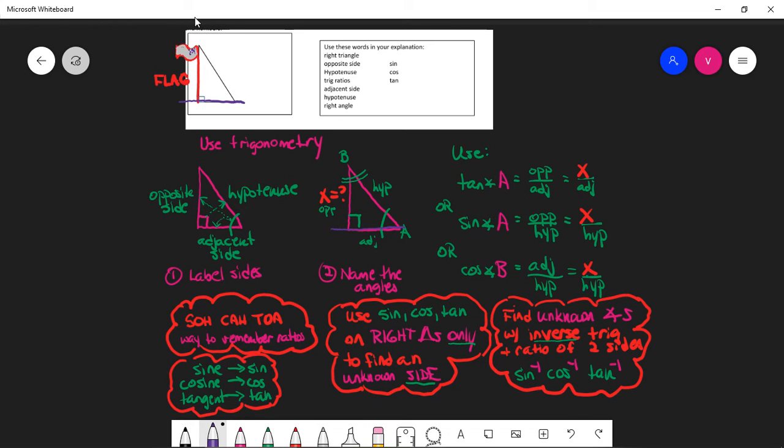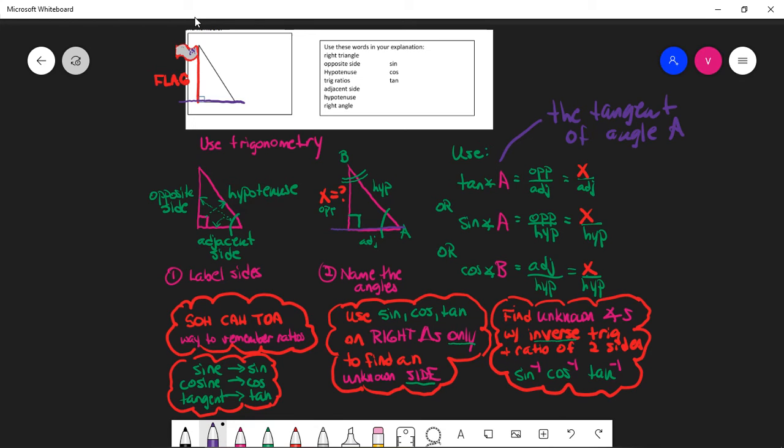The tangent, and write it in words, the tangent of angle A, for example. I know it's a pain, but then you fill up your page, right?